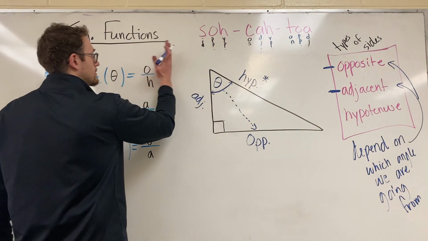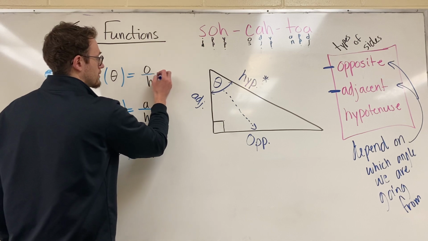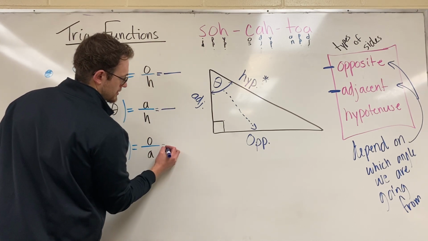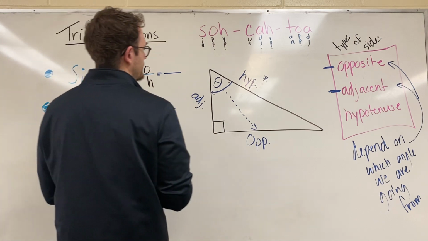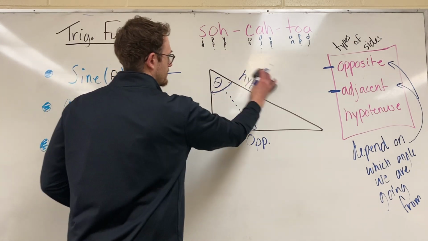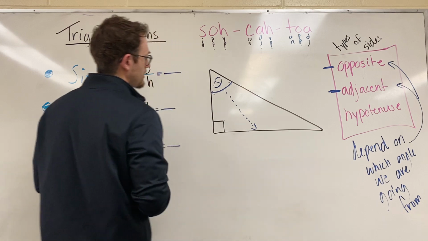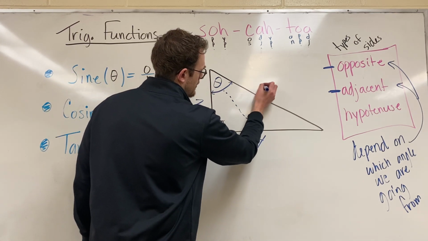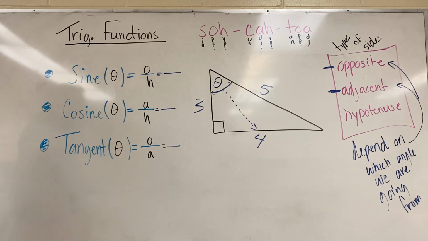So let's actually give some numbers and solve this. An easy one is a 3, 4, 5. That's a special right triangle.